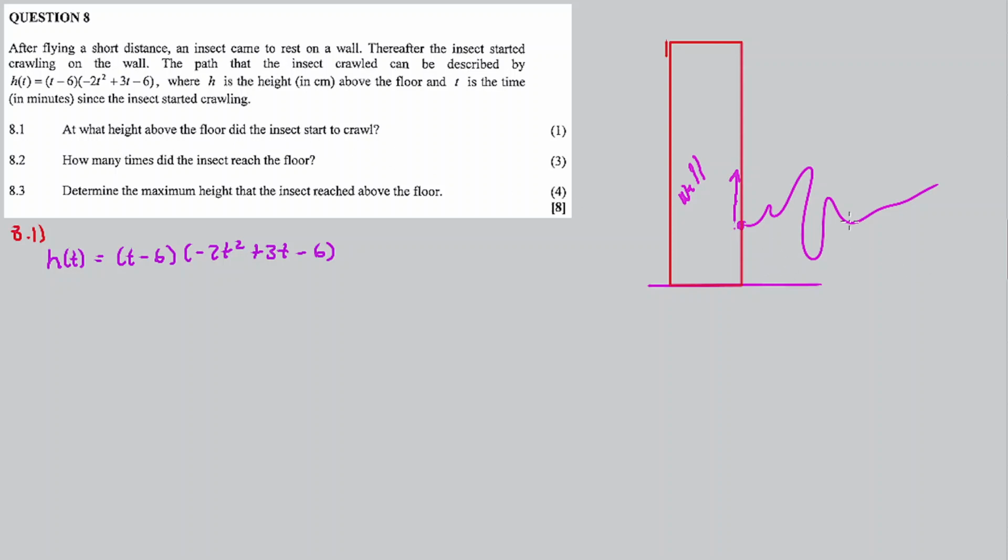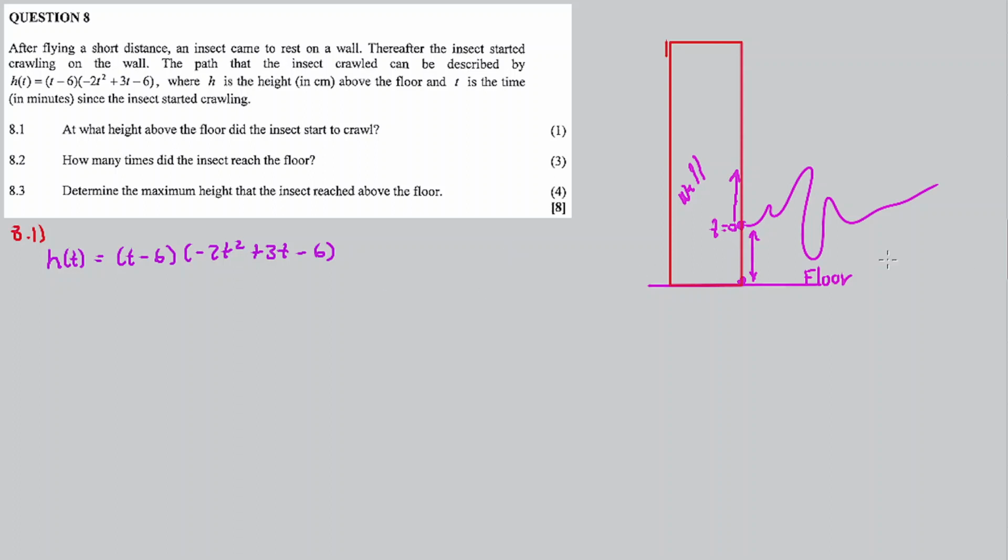Our insect, as I'm pointing here, does not arrive and rest at the floor, but instead rests at a random point just above the floor. We want to know the distance from the floor to the point where our insect landed. So when our insect arrives on the wall, the crawling time is equal to 0, right?